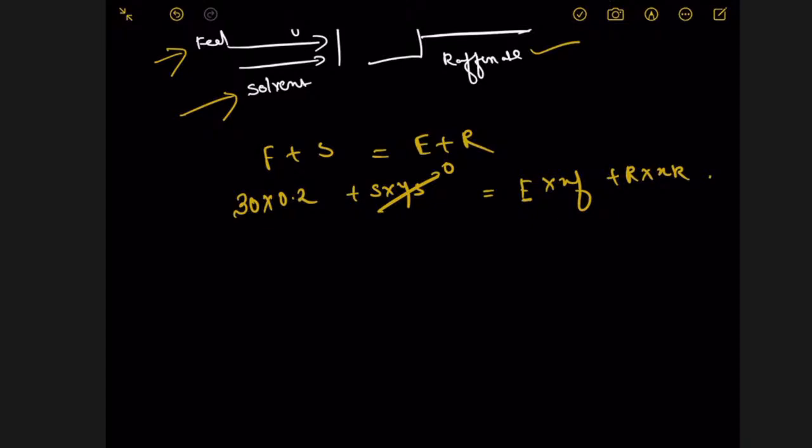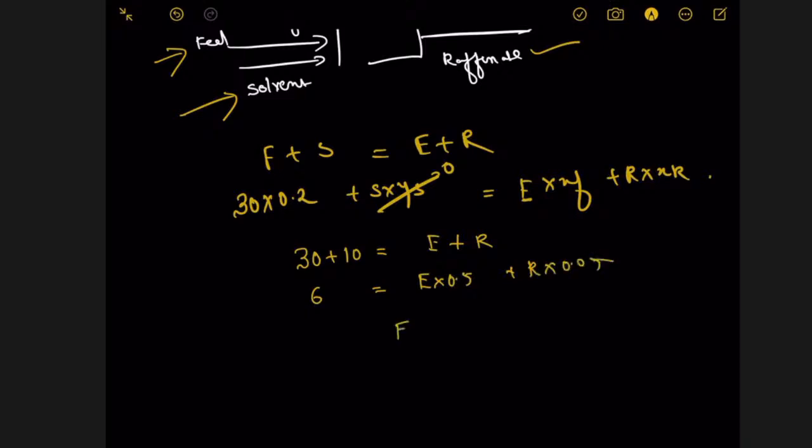So here we have 30 plus 10 giving E plus R. And another equation we have: 30 into 0.2, that is 6, equals E into 0.5 plus R into 0.05.